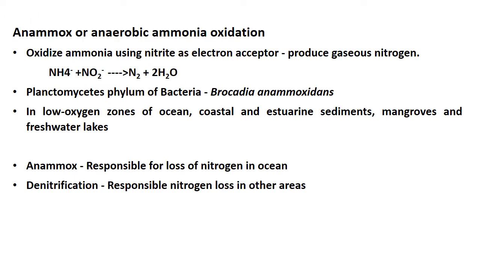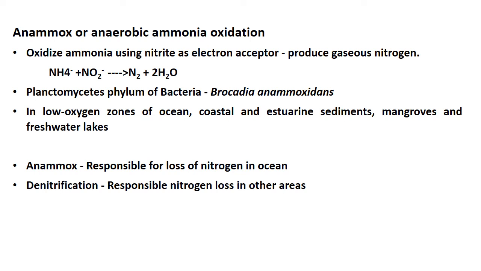Next is anaerobic ammonia oxidation, which is also known as anammox. This is carried out by prokaryotes belonging to the Planctomycetes phylum of bacteria. An example of a bacterium capable of carrying out the anammox reaction is Brocadia anammoxidans.